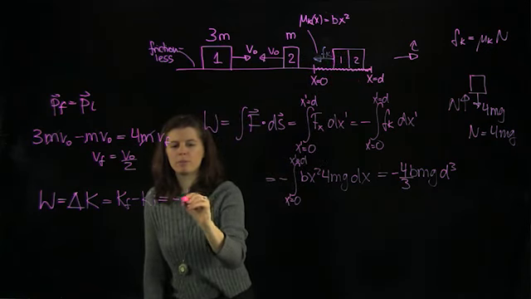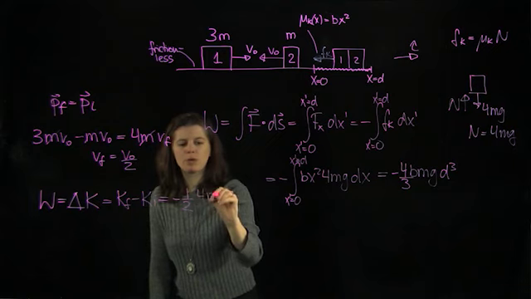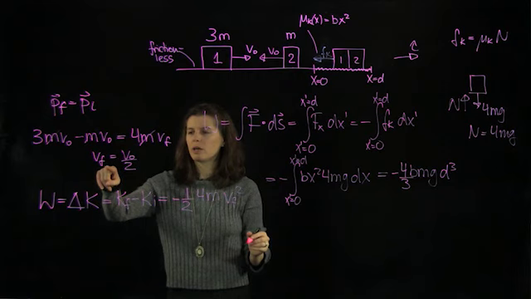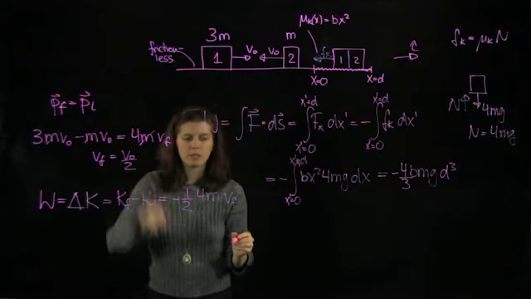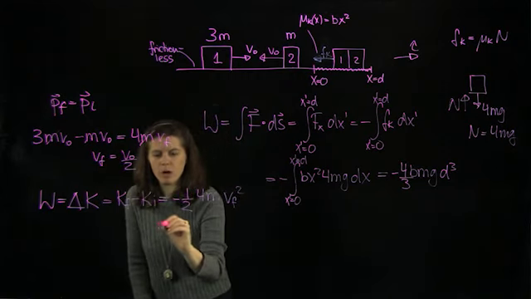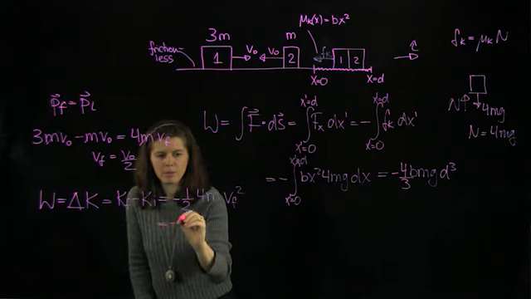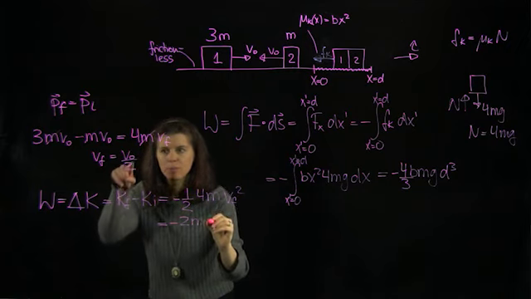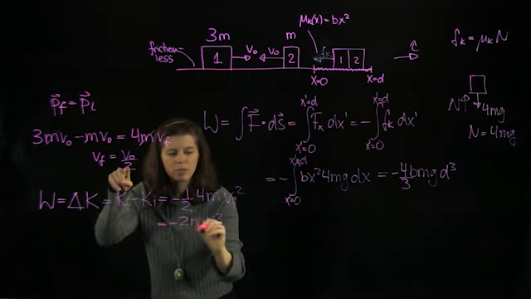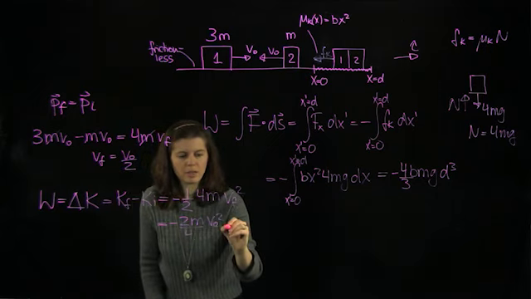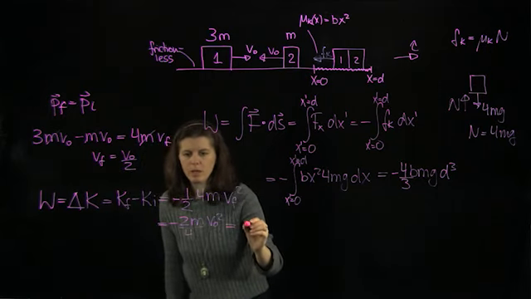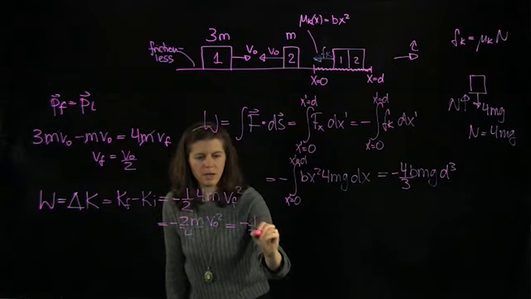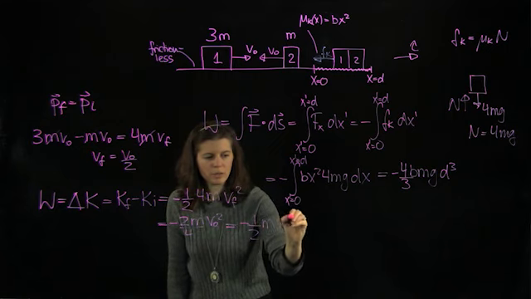So we'll have minus 1/2, and we have 4m v final squared. We determined here already that the final velocity is v0 over 2. So we'll have minus, here we're going to have 2m, and now v0 squared over 4. And that actually gives us minus 1/2 m v0 squared.